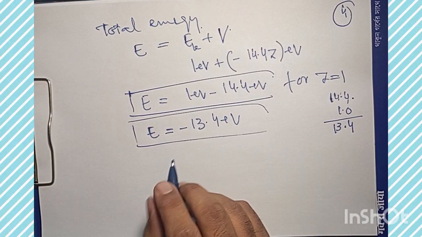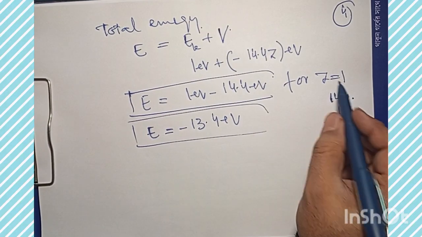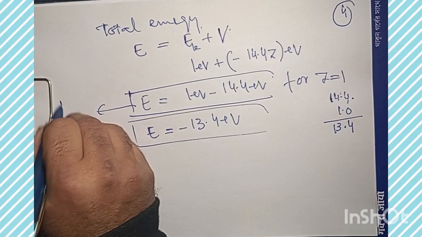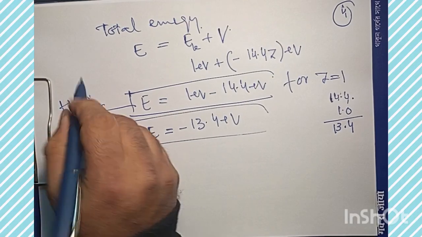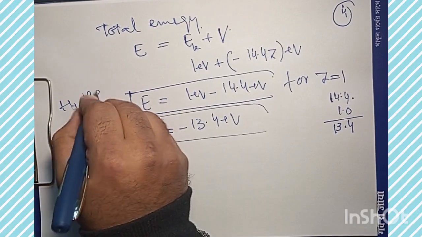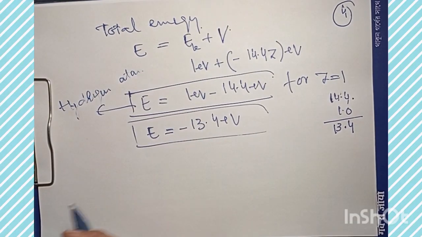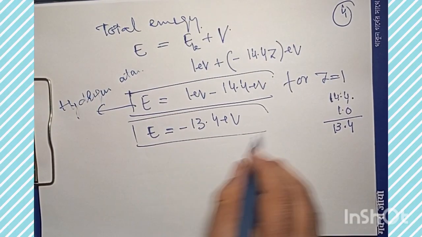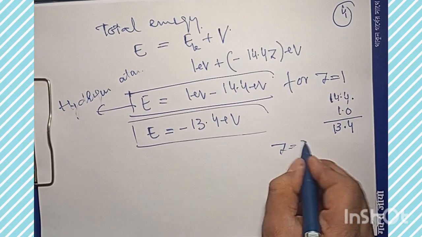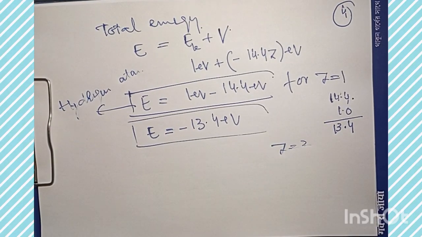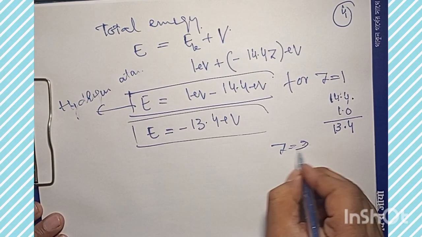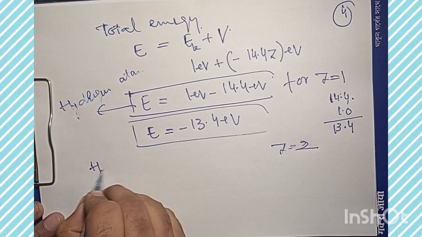Right? So for Z equal to 1, it certainly means hydrogen atom. And if I take Z equal to 2, Z is equal to 2 for helium. So for Z equal to 2, I will have helium.